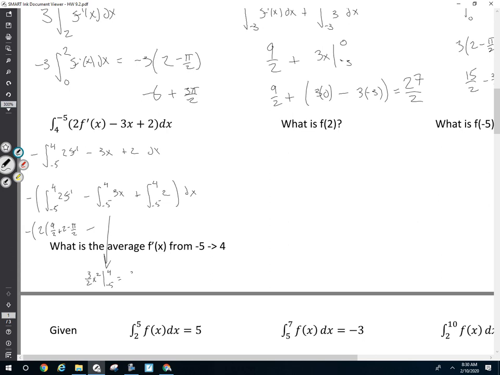It's going to be 3/2 times 16 minus 3/2 times 25. 24 minus 75/2. 48 halves minus 75 halves. 27 halves, negative 27 halves. Gross.